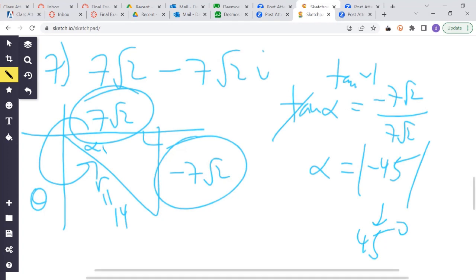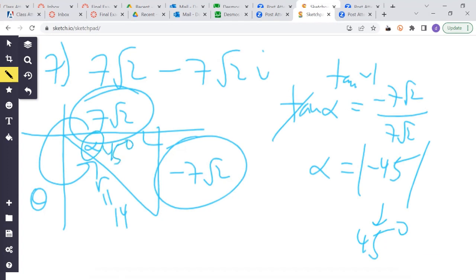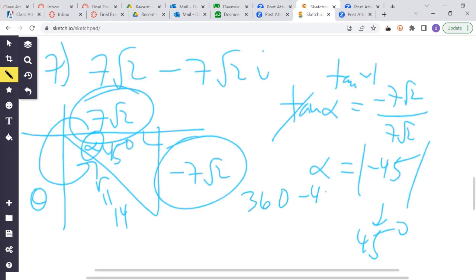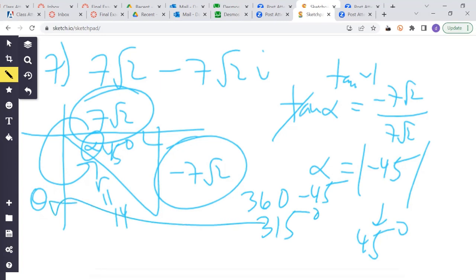And 45 degrees is just alpha. And that helps you to find theta. So to find theta, it's 45 degrees short of 360. So go 360 minus 45 to get 315.